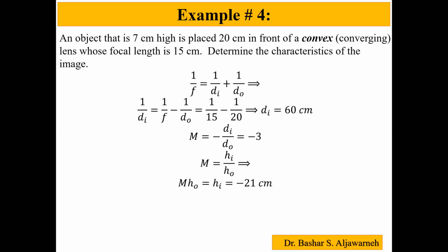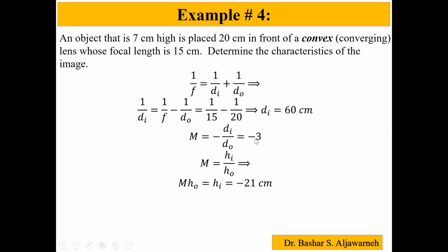To make sure if it's reduced or not, we have to use the magnification formula, which is minus di divided by do. It's equal -3. Now, -3 here, it's something like -1 times 3. Minus 1 tells us it's inverted, times 3 tells us the image height is greater than the object height, which means it's enlarged.